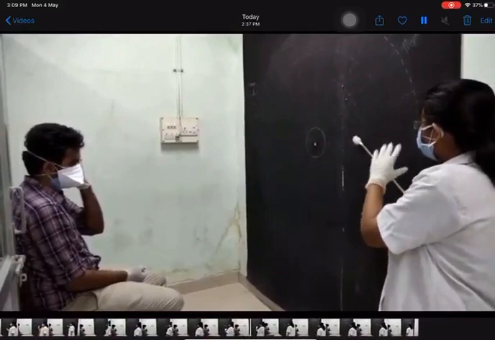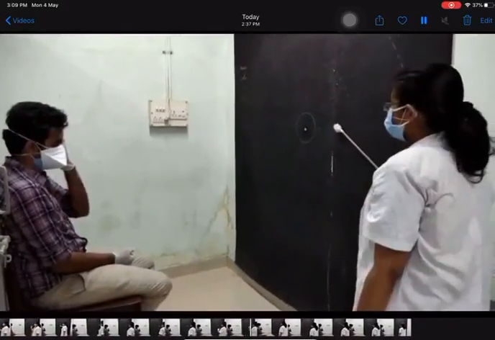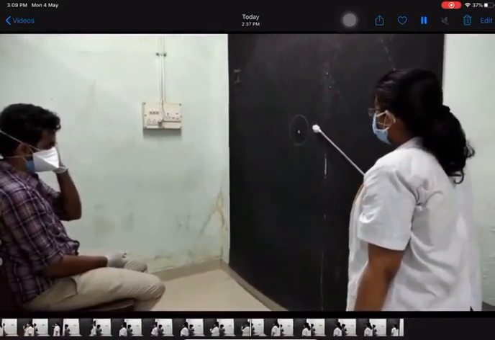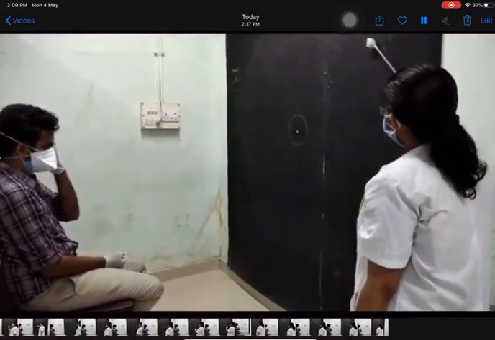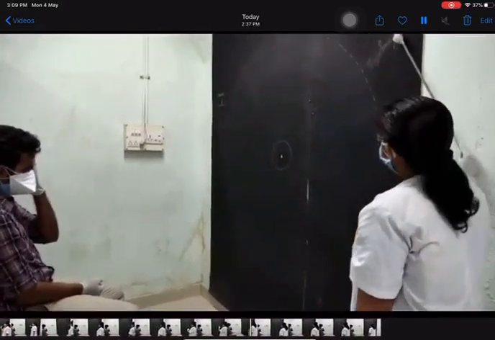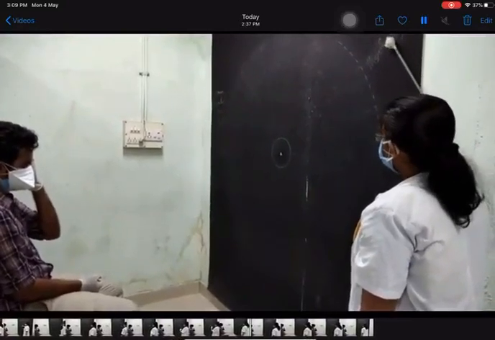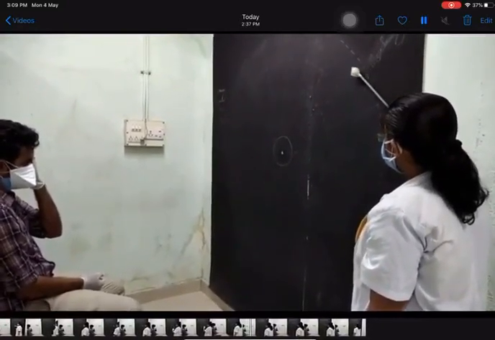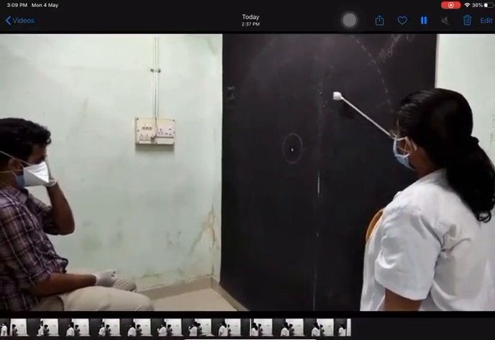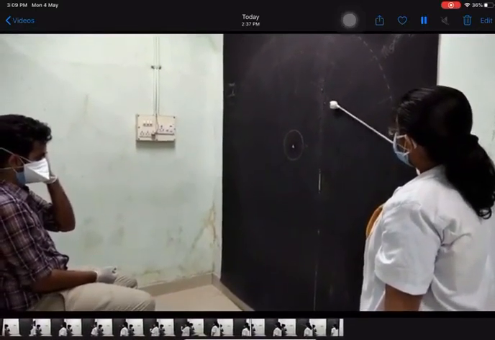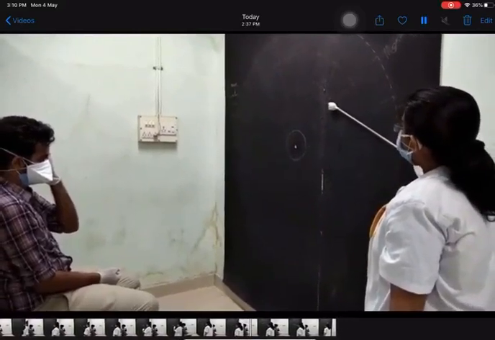After mapping out the blind spot, the examiner continues to move the test object towards the center. Then she continues to test all the other meridians similarly, from the non-seeing area to the seeing area. Ideally, we have to test every 15 to 30 degree meridian.